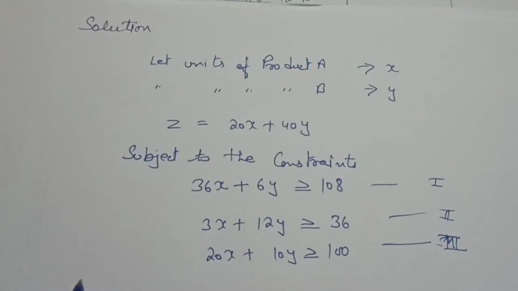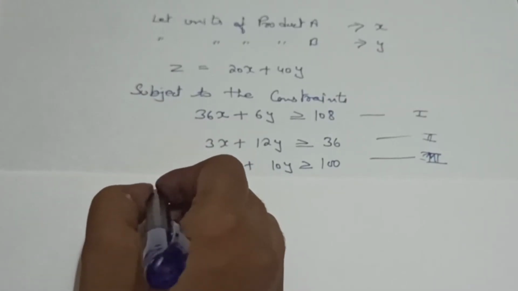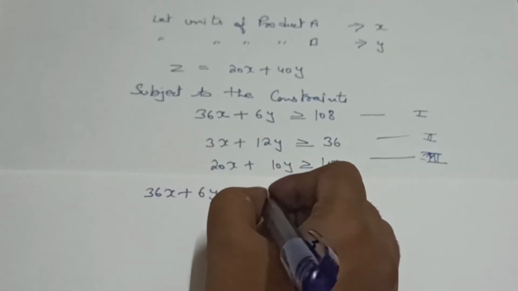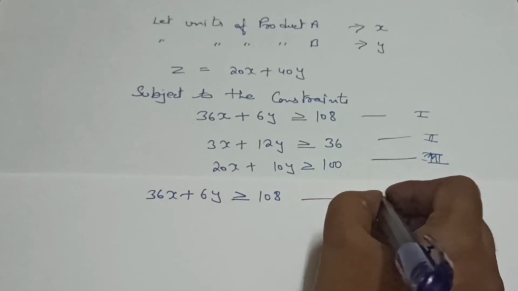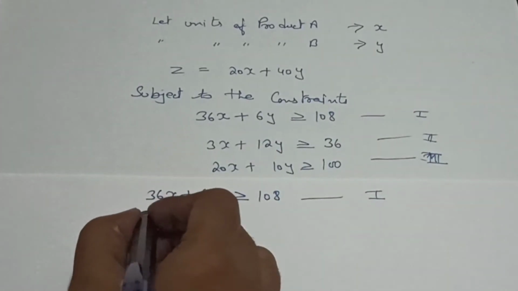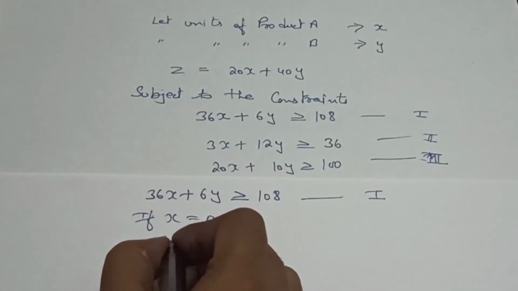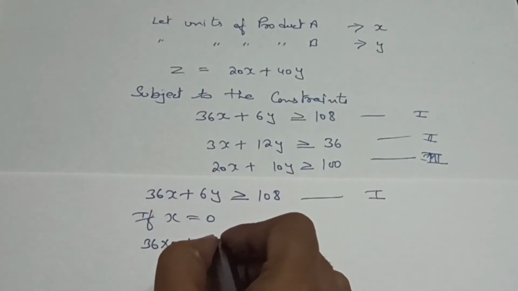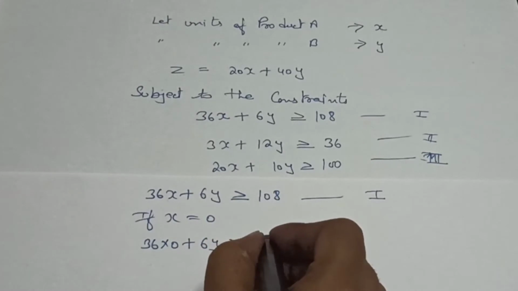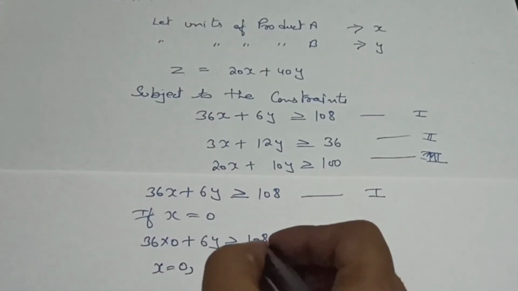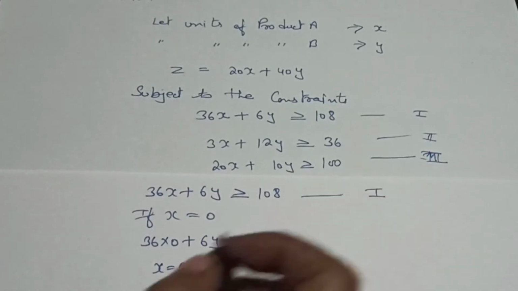So now we will find our points from these equations. 36x plus 6y greater than or equal to 108. This is our first equation. So if x is equal to 0, then 36 into 0 plus 6y is equal to 108. So we can say x is equal to 0 and y is equal to 18.